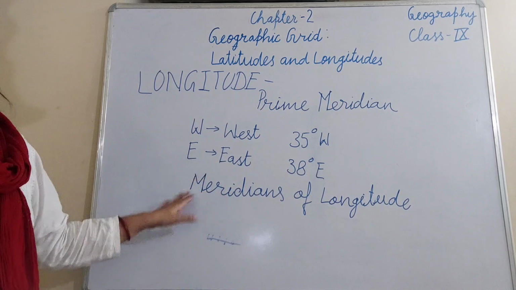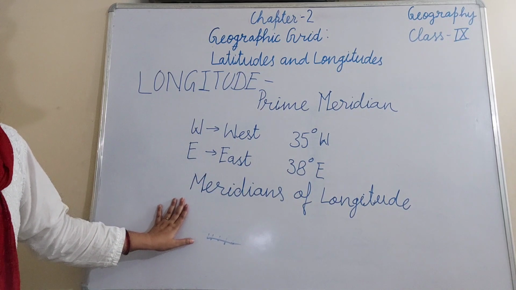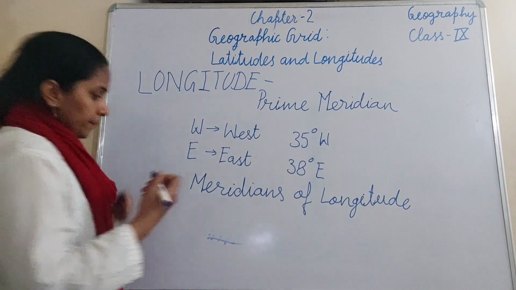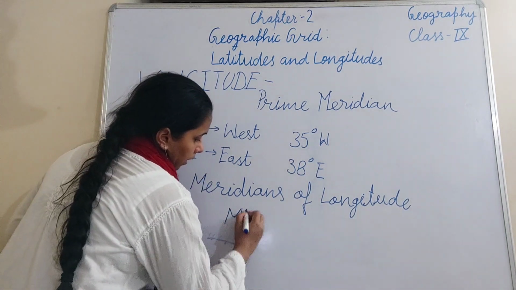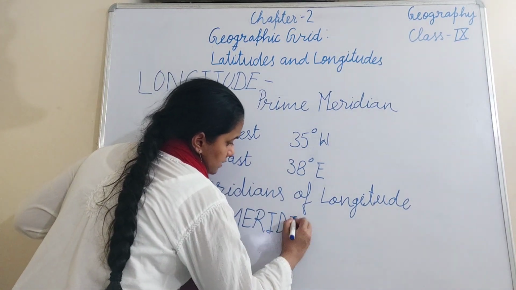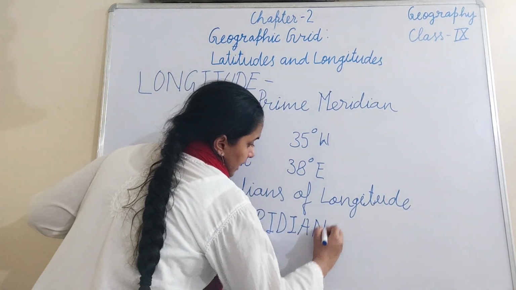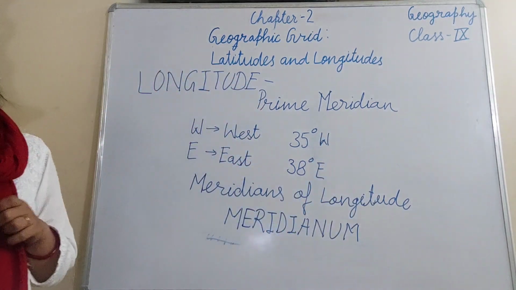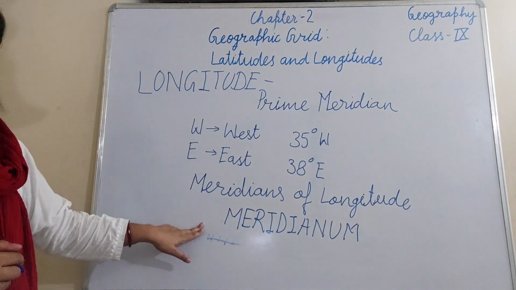And why is the word meridian used? Because this word is derived from the Latin word meridionum. What is the meaning of this Latin word? It means noon.